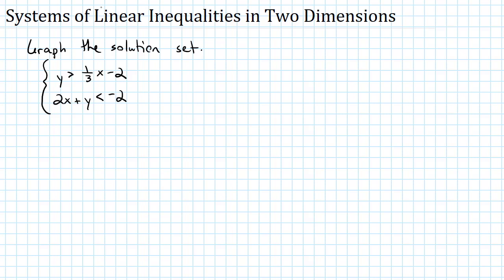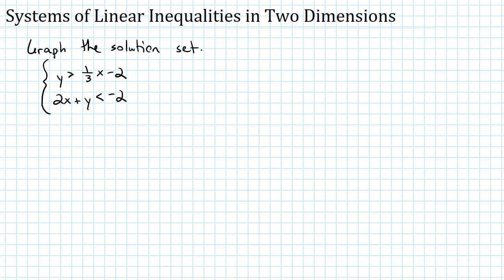So what does it mean to graph the solution set for a linear inequality? Well, it means find all ordered pairs that make both inequalities true. So we'll kind of see how that works out. We need to find all ordered pairs that make both inequalities true. And since there's an infinite number typically, the easiest way to represent all of them is with a graph. Okay?